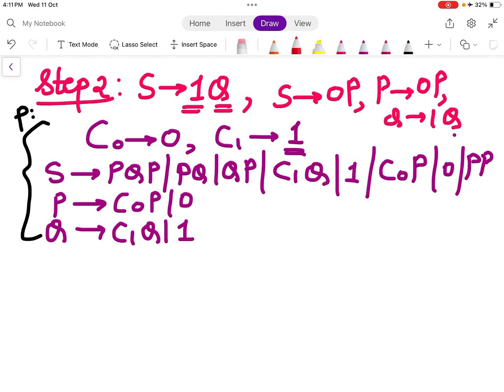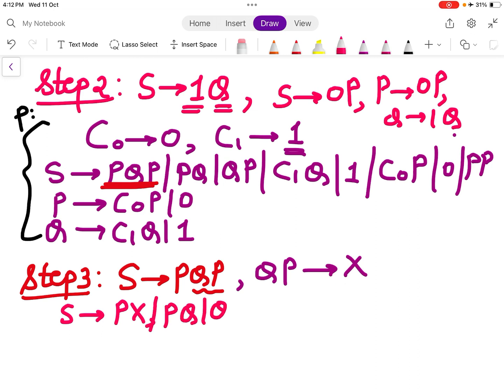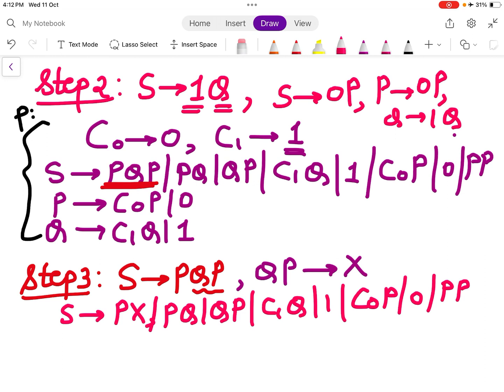Next, step number 3 says that in Chomsky normal form, 3 non-terminals are also not allowed. So we'll replace PQP, which has to be replaced. We'll replace QP with X. So if we replace QP with X, we get S is PX slash PQ slash QP slash C1Q slash 1 slash C0P slash 0 slash PP.